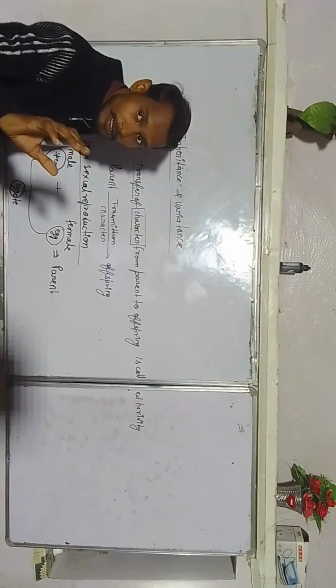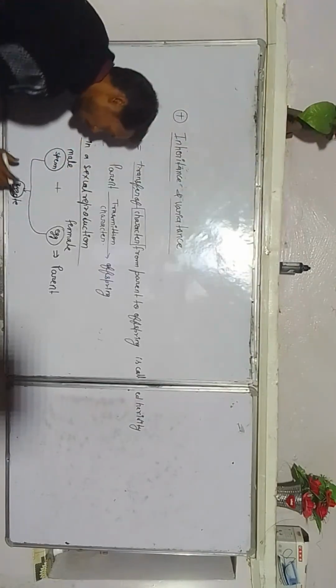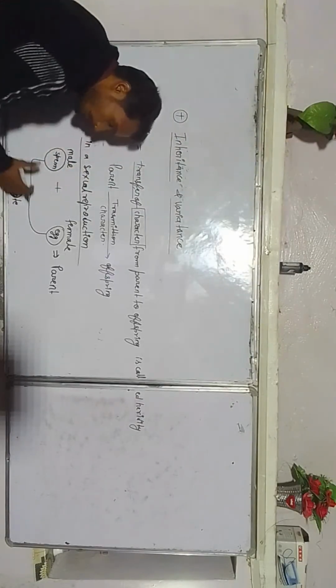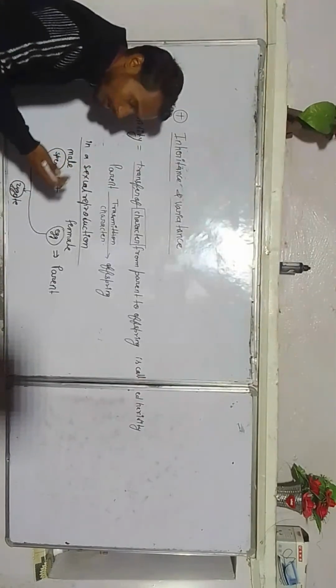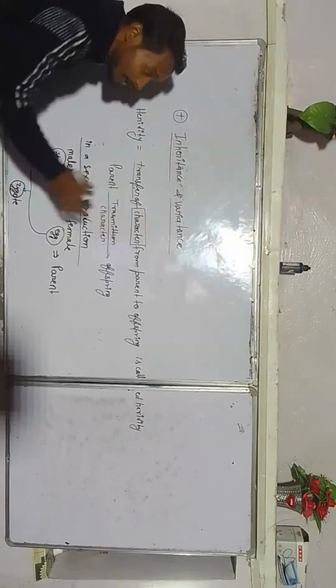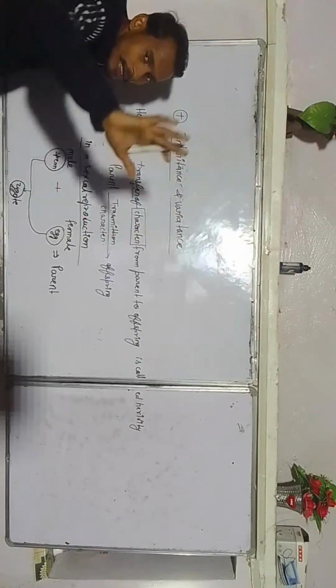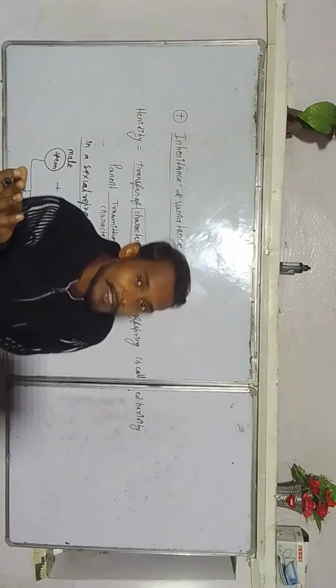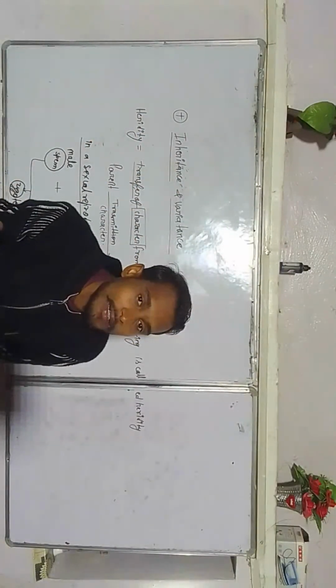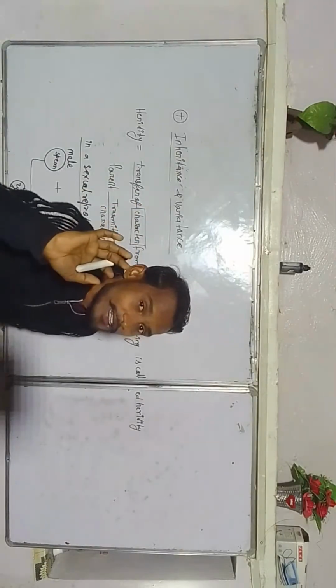So offspring differing from parent is called variation. By sexual reproduction, variation is created.